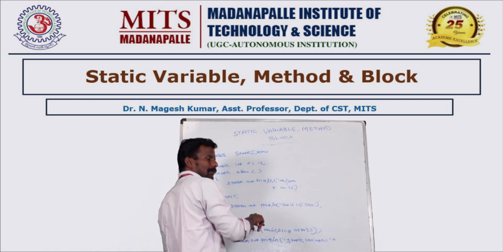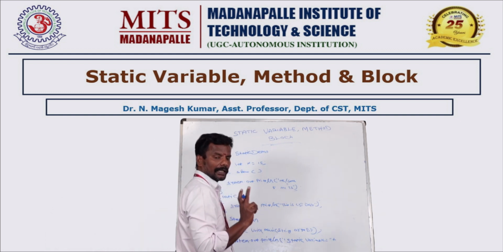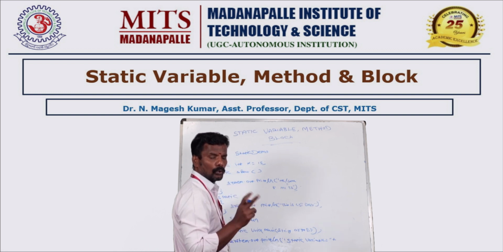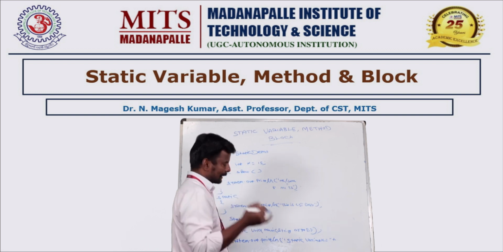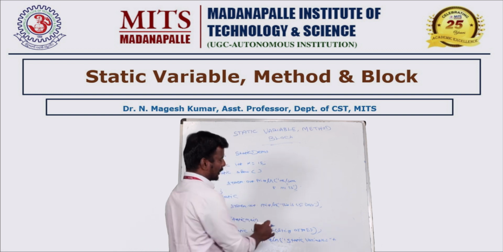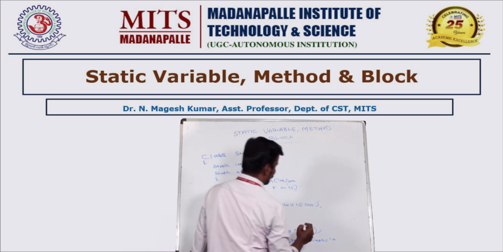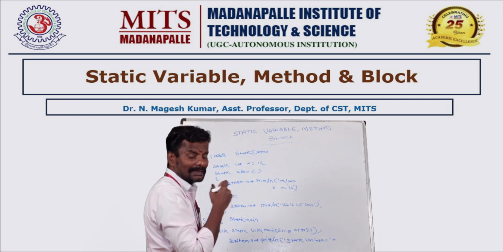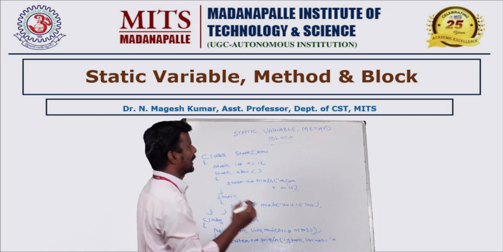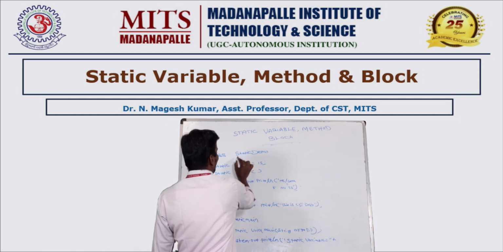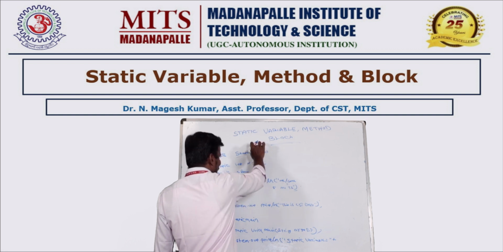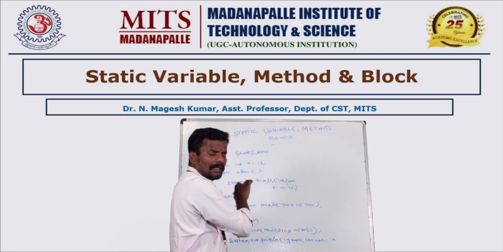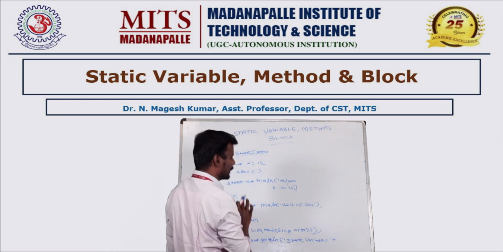Here we have to use the second option, that is using the class name, instead of accessing directly. So what is the class name? The class that has the static variable and the static method, we have to use here. So the class name is static demo, because in that class we defined the static method and declared the static variable.